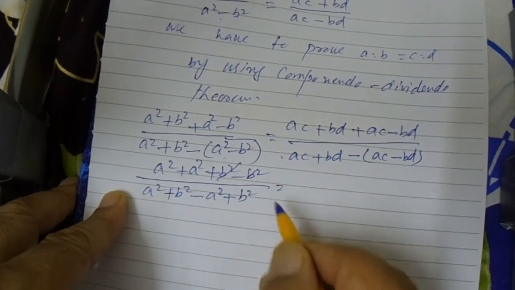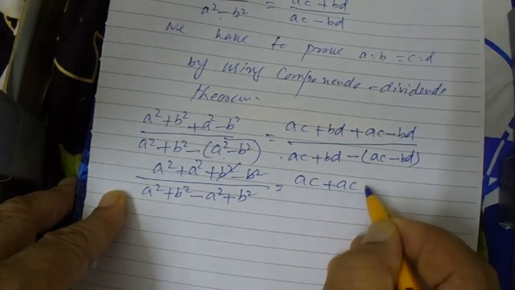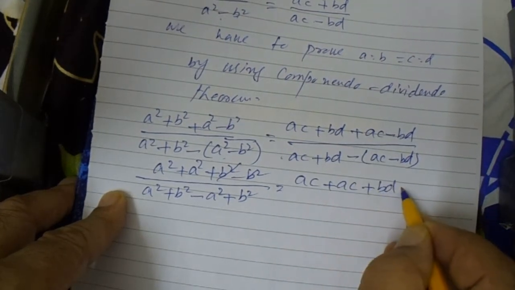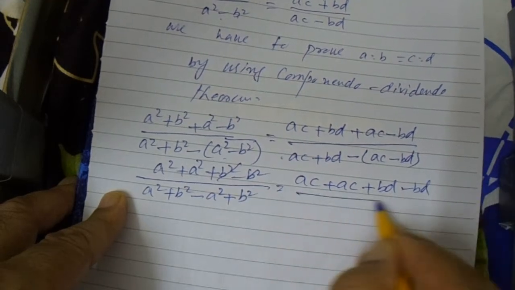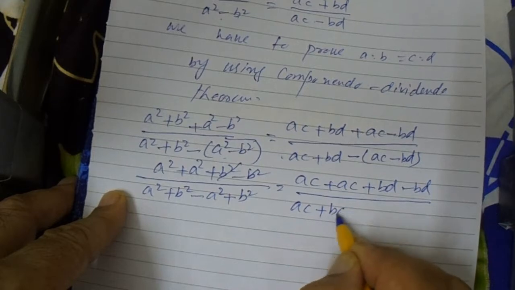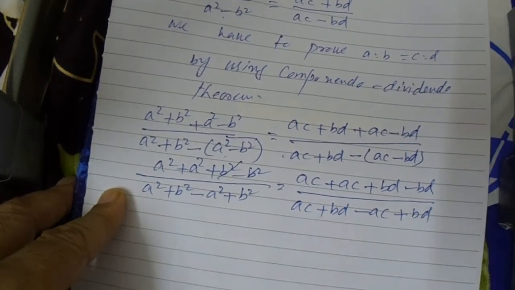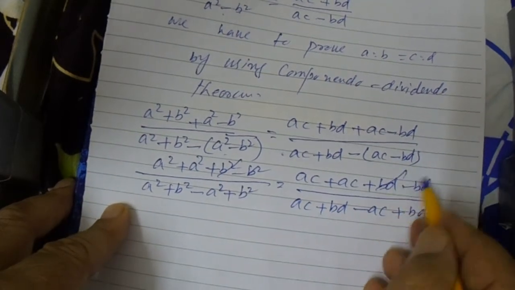This will cancel, and we write here AC plus AC plus BD minus BD over this AC plus BD minus AC plus BD, this will cancel this.